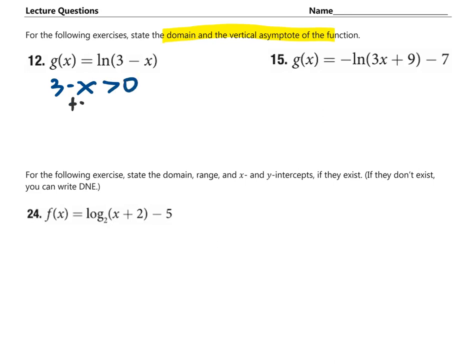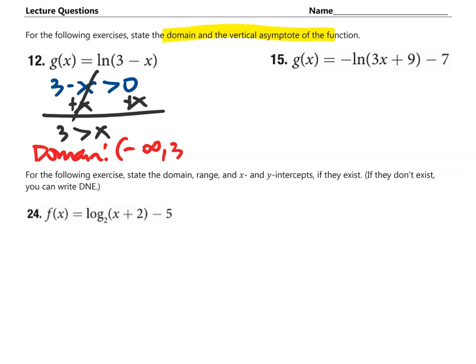So let's say if we add x both sides, meaning this is 3 is greater than x. So with that, the domain is from negative infinity to 3. And vertical asymptote is, yes, x is equal to 3.